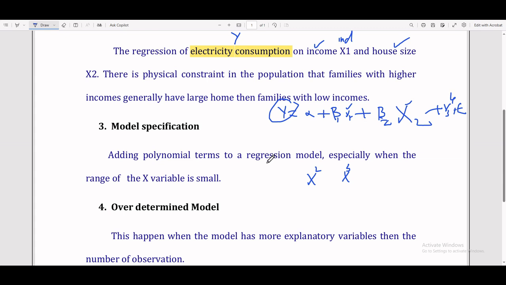If the range of variable x is small, meaning you have a small dataset, and you add polynomial terms, in case of a small dataset your x variable has small values and you add polynomial terms in your model, then this change will be responsible for arising multicollinearity among your model.